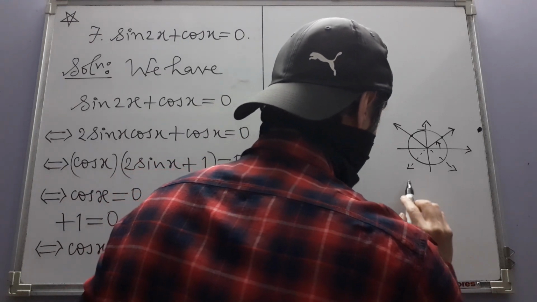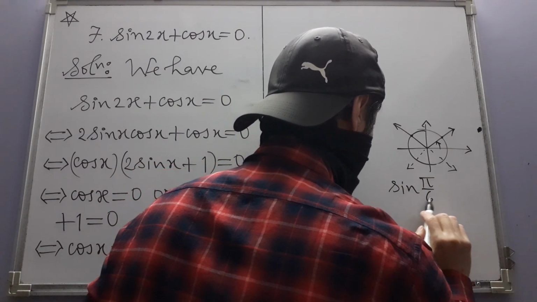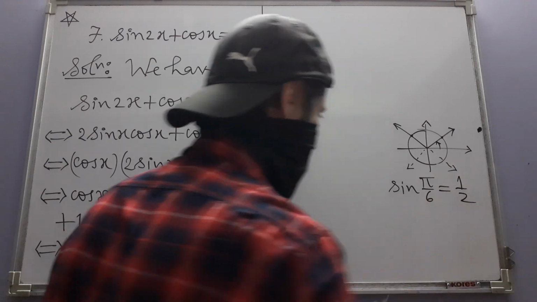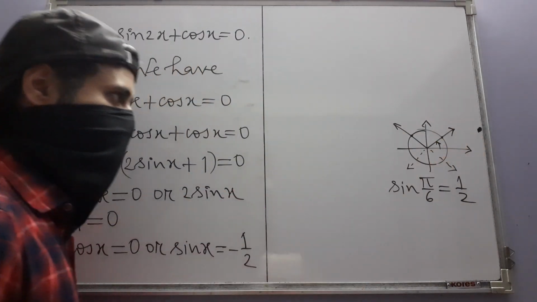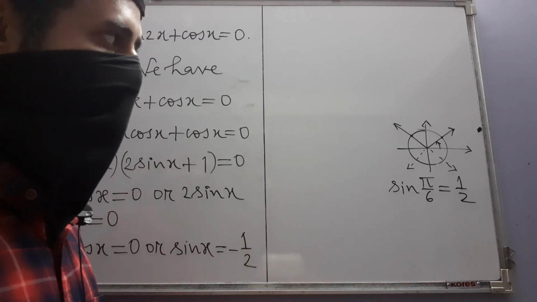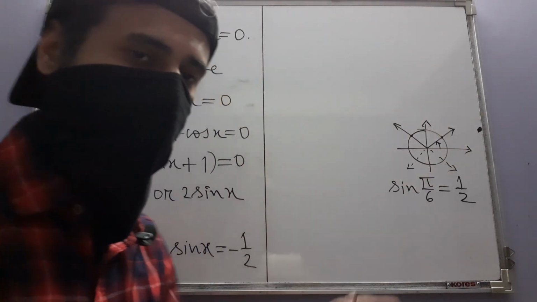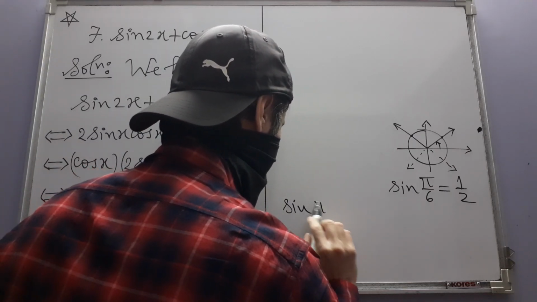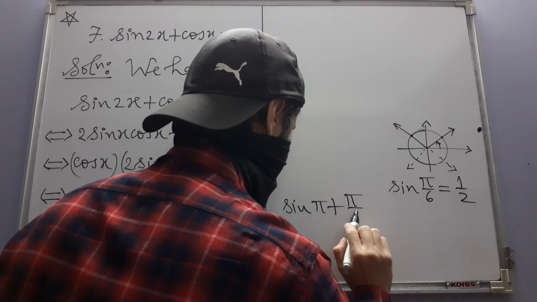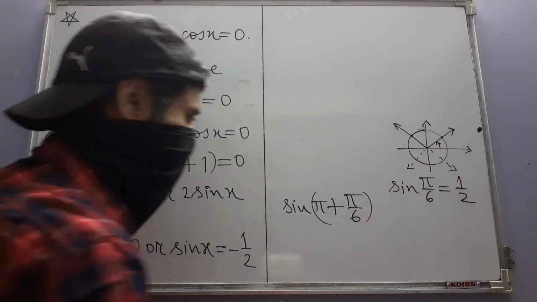What did we say just now? We know that sine pi over 6 is 1 over 2. Pi over 6 is here. Okay, so to take it to the third quadrant, what will you normally do? You will add pi to it. That is, instead of simply taking pi over 6, you take sine of pi plus pi over 6.